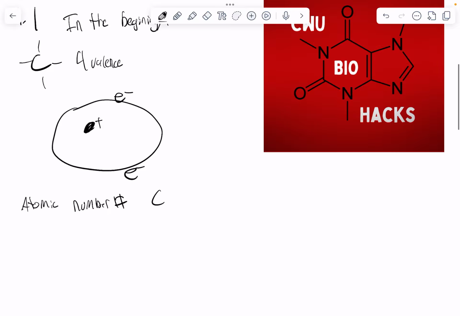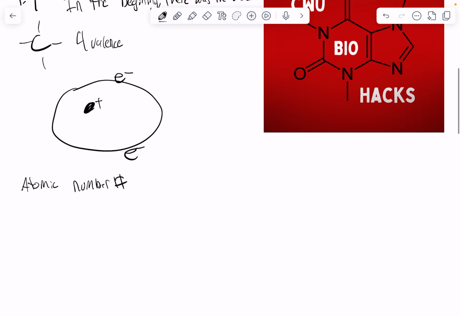All atoms of a specific element have the same atomic number. So I'll do an example, right? With carbon, there are a couple types of carbon. There's carbon 12, carbon 13, and carbon 14. I'll write these down. Carbon 12, carbon 13, and carbon 14, okay?